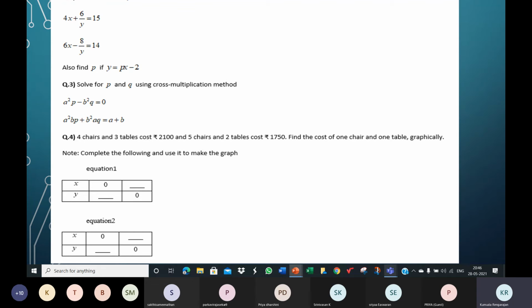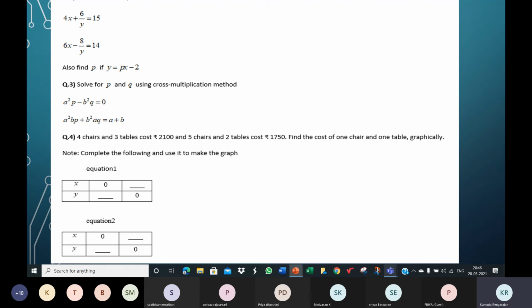What I suggest is you must secretly solve the equations and get the values of x and y. That means you should make sure that your graph lines intersect at that point. For example, say on solving you get x is 50 and y is 100.